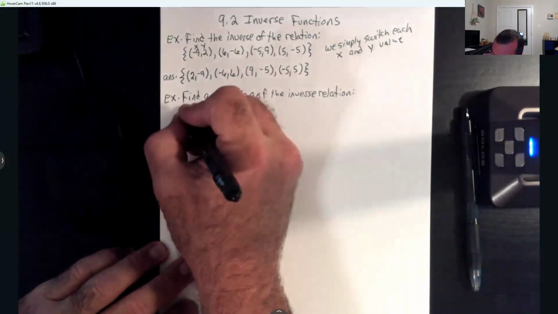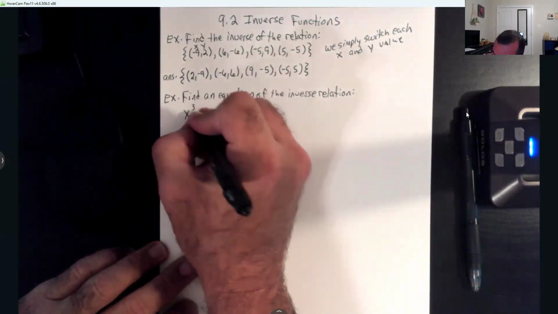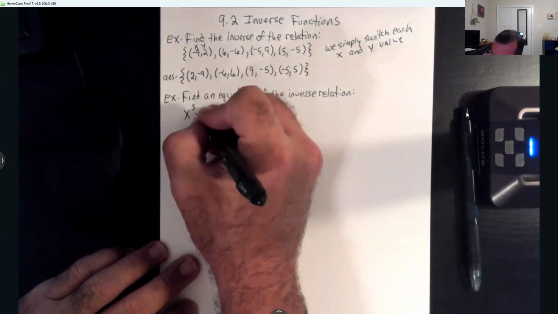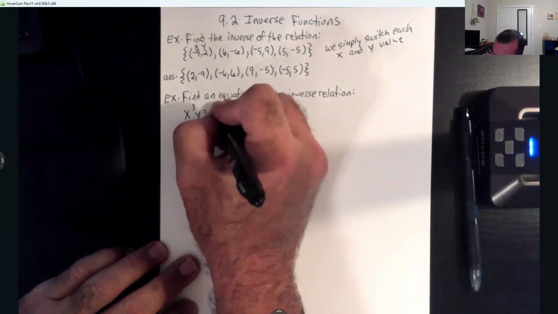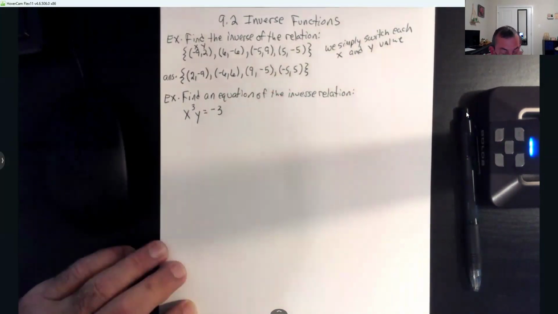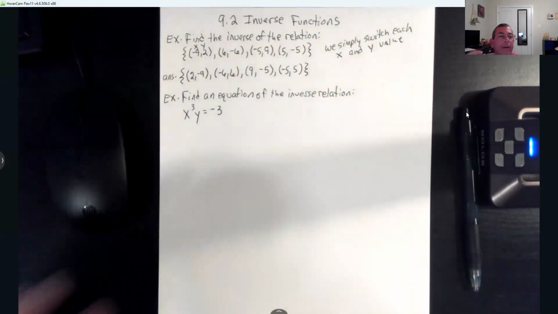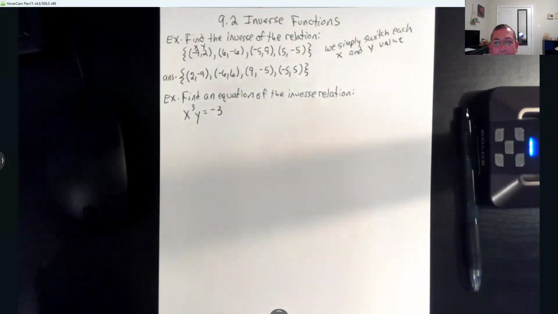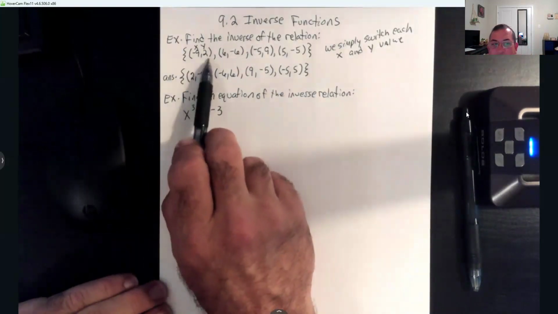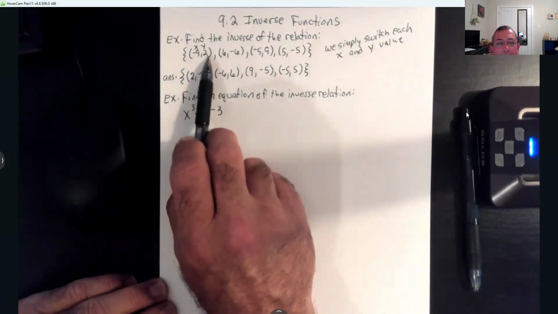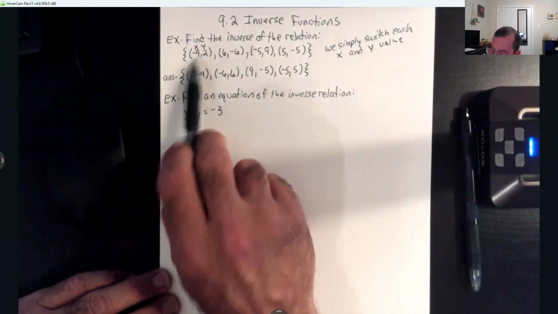All right, y'all, they're giving us x to the third y equals -3. So remember, what did I do to these points? I switched the x and the y.